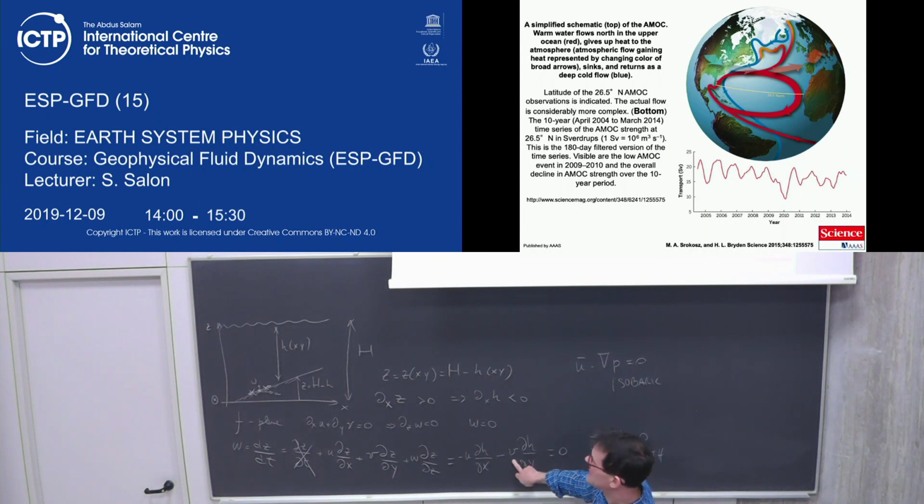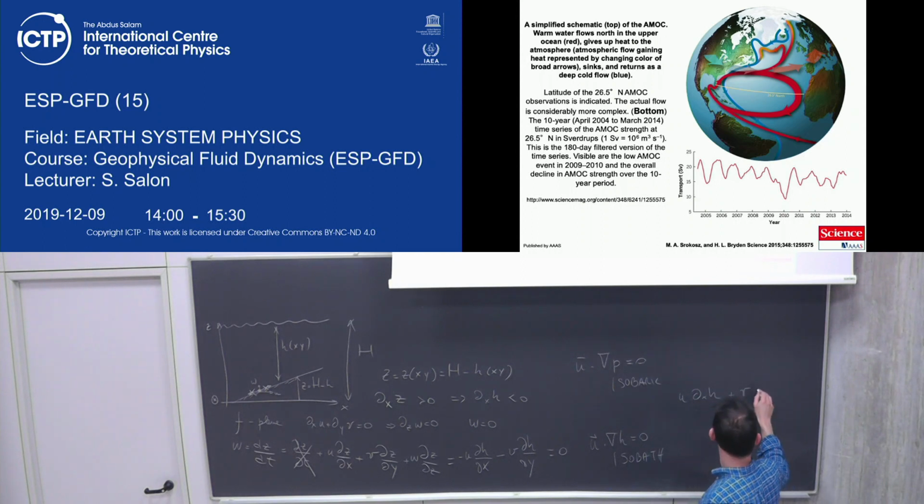And so we can have only a vertical V, which is negative. Okay? So U, the xh plus V, the yh is equal to 0.